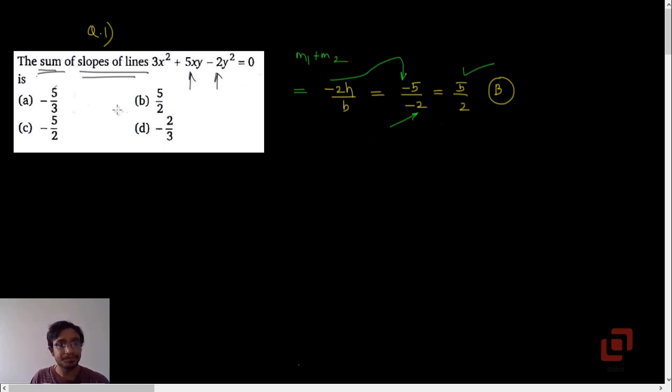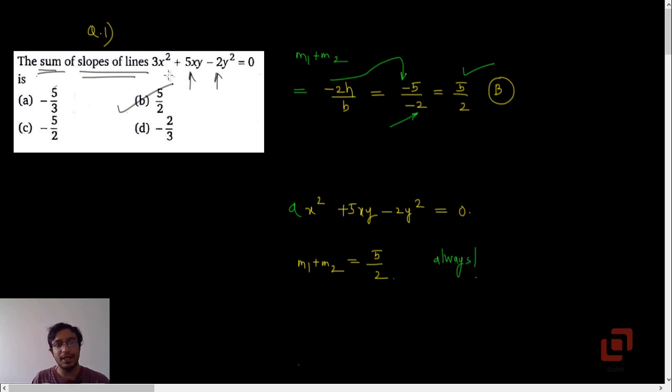And that is option B. Correct. Now this problem is telling us that as long as the values of h and b are not changed, no matter what value a takes, whether it is 3, 4, 5, anything, the sum of the slopes is always going to be minus 5 by 2 because it is simply independent of a.